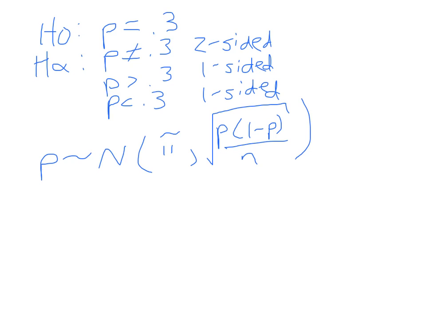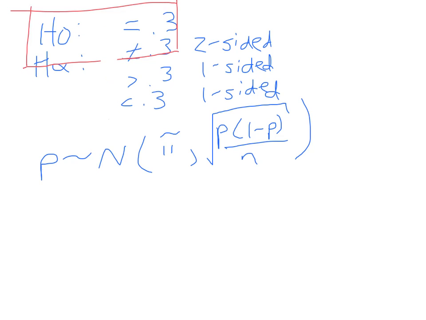So here's an example. I'm assuming that the proportion is 0.3, against the alternate that it's not 0.3. I've actually made one mistake here. I need to stay consistent with my terminology.